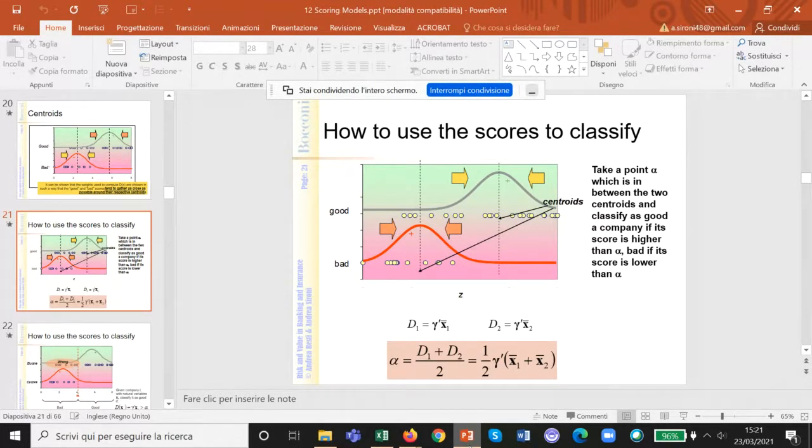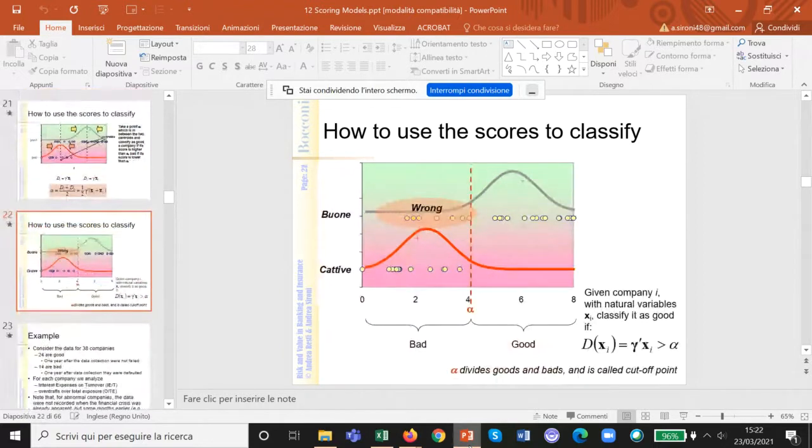Okay. Now, to better understand what I said so far, basically the idea is, as I mentioned, if we are above alpha, then it's a good company. If we're below alpha, then it's a bad company. Of course, by computing the discriminant function for company i, which is out of the sample.